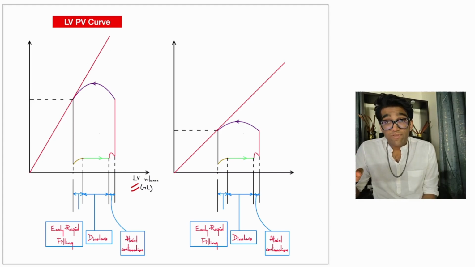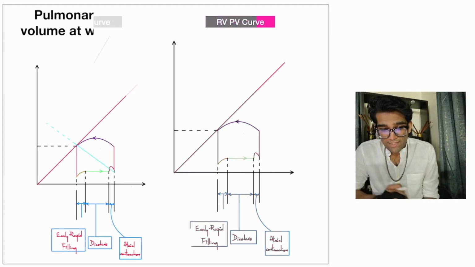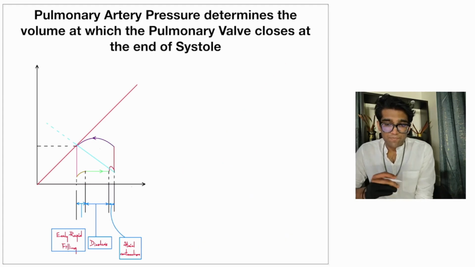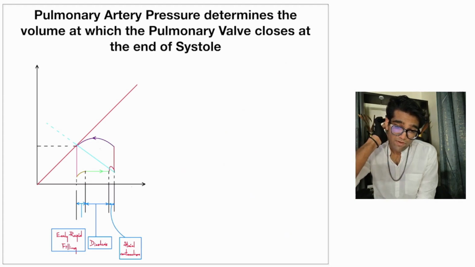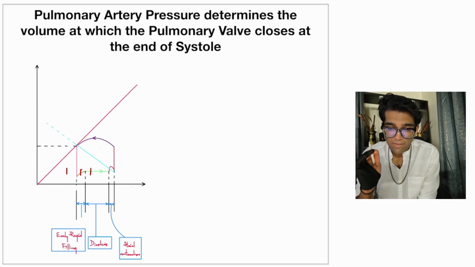Now we'll assess situations in which the afterload on the right ventricle is changed. So when the afterload on the right ventricle is changed, the actual curve needs to be assessed. Why am I saying that? Basically, the pulmonary artery pressure determines the volume at which the pulmonic valve closes. So whether it closes at this volume or this volume or this volume is determined by how high the pulmonary artery pressure is.